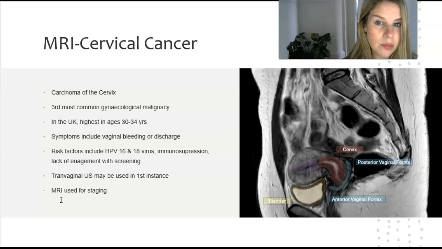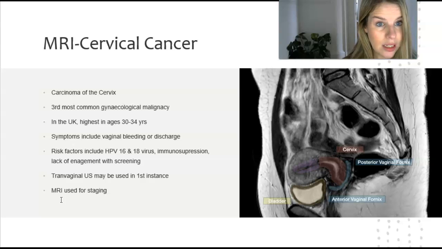Now, there are different symptoms associated with cervical cancer. The main one is vaginal bleeding or discharge. And there are some risk factors. If you have the HPV virus, which is a very common virus, but if you have the particular type HPV 16 or 18, then you are more at risk of getting carcinoma of the cervix.